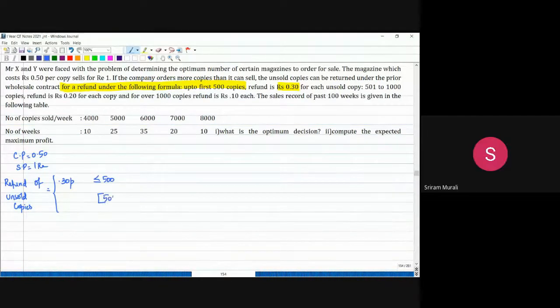If it is between 501 to 1000, what is its value? 20 paise. What about the last case, if it exceeds more than 1000? Because up to 1000 it is 20 paise, he says it is 10 paise. So we want to find the expected profit.